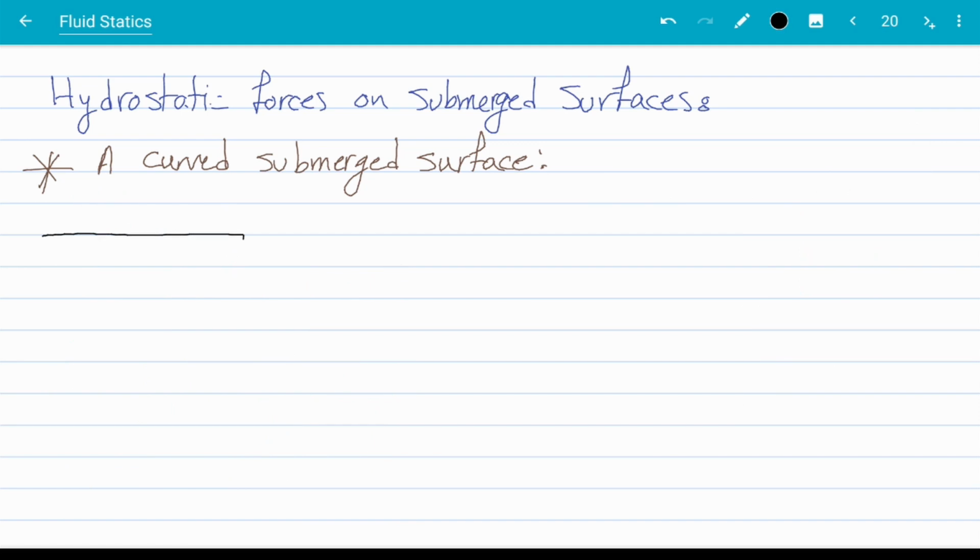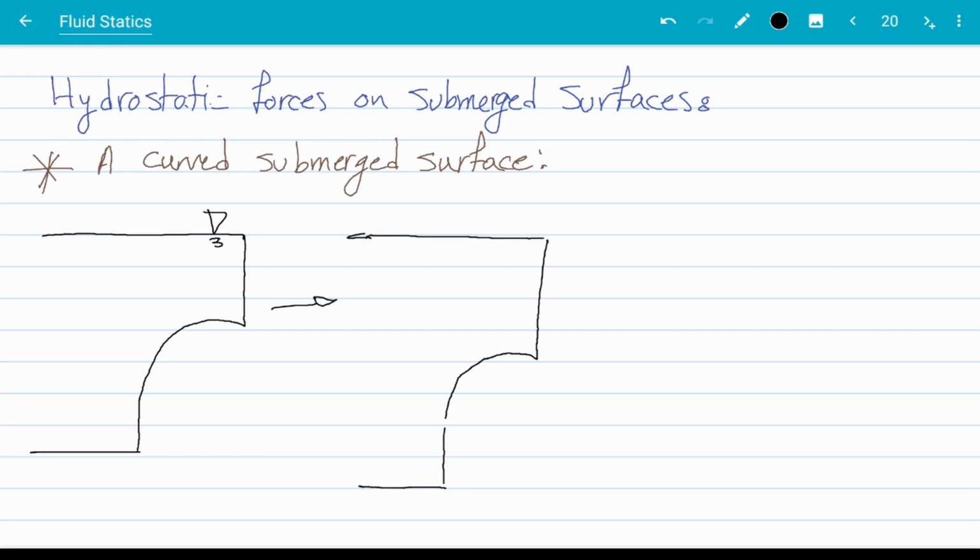So if, again, this is a submerged curved surface like this, I can say, okay, I'm first interested in the horizontal, or the x component, of the total force. As we discussed last page, we can use the projection of the area on the x-axis, right? However, remember that the area vector is always normal to the surface.